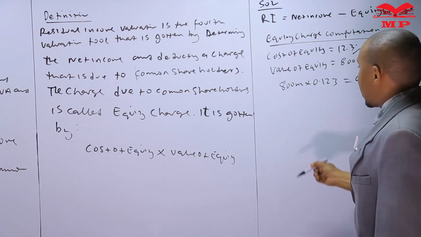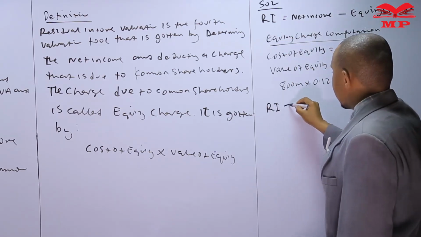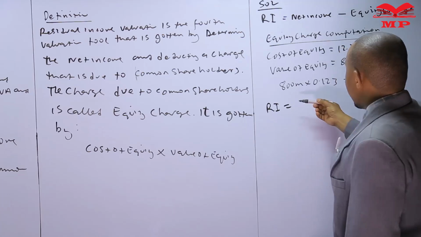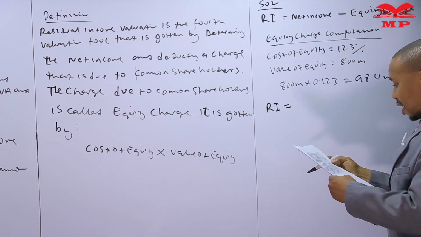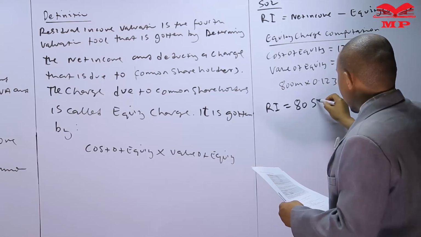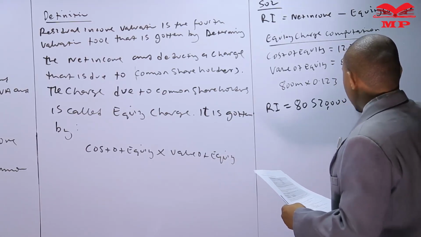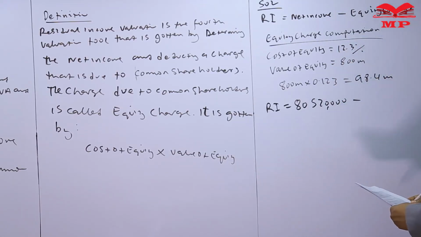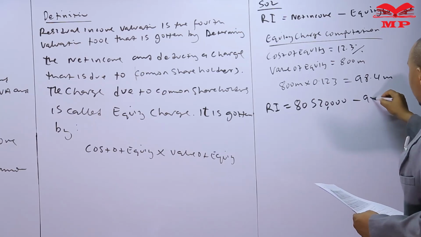Coming back to this formula, RI is given as net income. The net income given to us is 80,520,000, less 98,400,000.